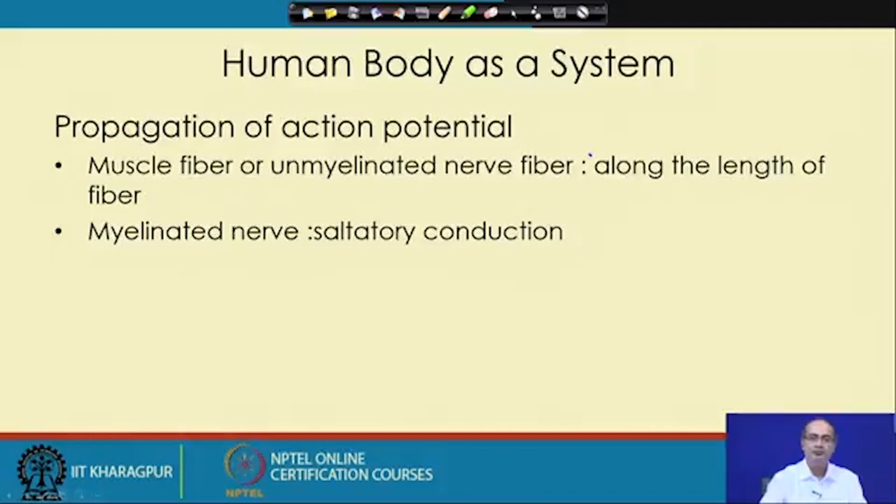The myelin sheath, being lipid or fat, acts as an electrical insulation and does not allow the transfer of ions through the cell membrane.